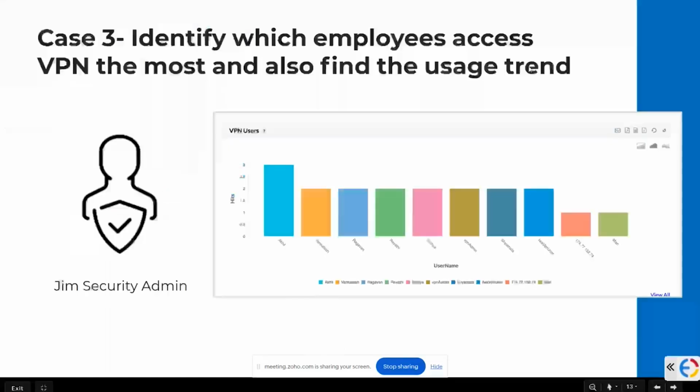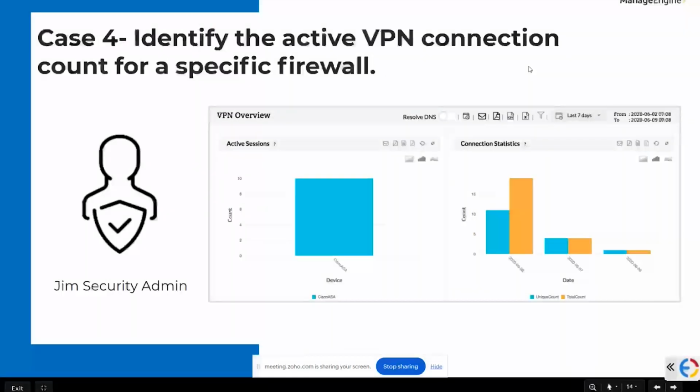Now, moving on to the next use case, Jim's fourth task is to identify the active VPN connection count for a specific firewall. So why is he doing this task? Because most devices offer only a very limited number of VPN connections, and the cost of operation for the company goes higher as the number of VPN connections increases.